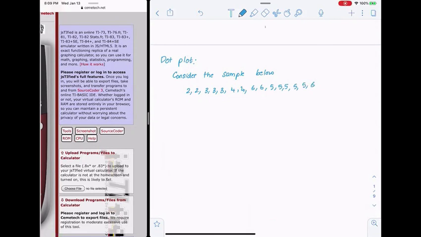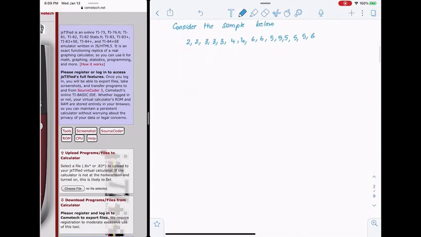So that is a sample that we collected from some sort of an experiment, some sort of a study, but we have a sample here, and we can visualize this simple data set that we have using a dot plot. And this is discrete data because the observations are whole numbers. We go from 2 to 3, 3 to 4, 4 to 5, nothing in between. So what does a dot plot do?